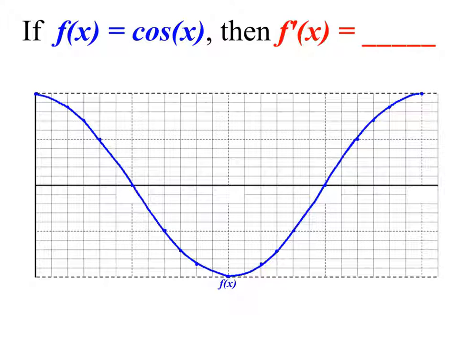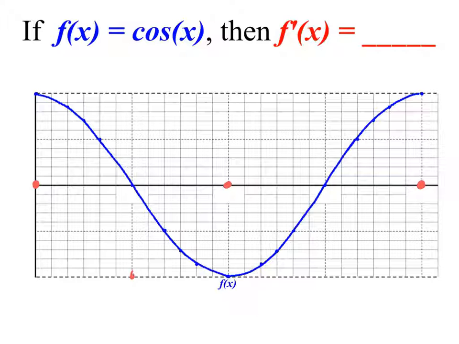All right, and then I want to start making the sketch of my derivative. Well, I can see where the slope of that is 0, so I can go ahead and put in those zeros right away. But then in between there, like at this point, is my slope positive or negative there? My slope here, it's going down as I go left to right. That slope is negative.